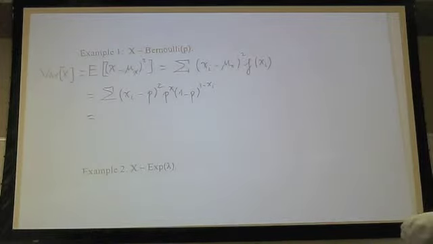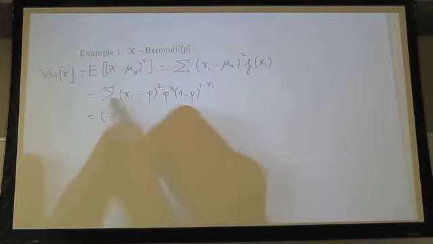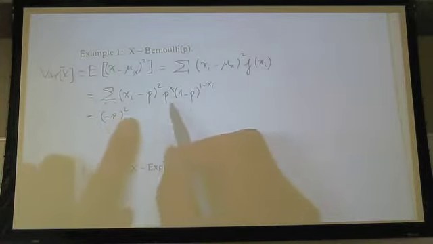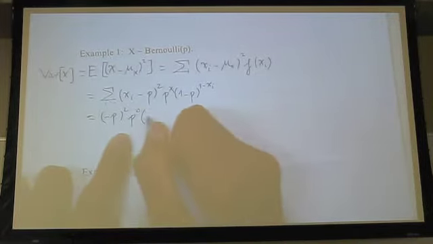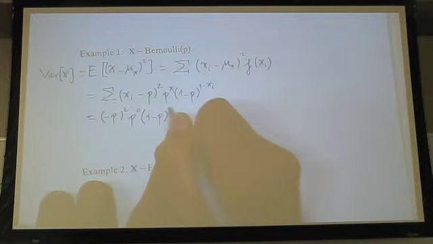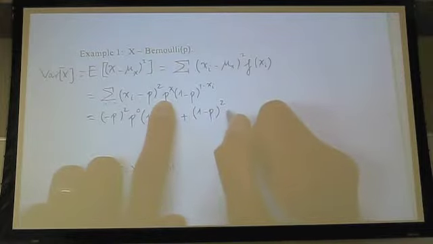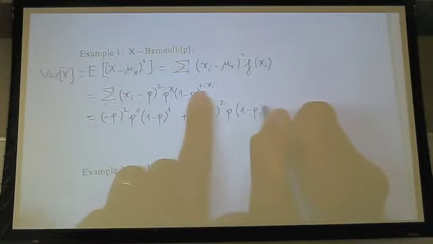When xi is 0, what do you have? Minus p squared. Remember, there are two outcomes: xi is 0 or xi is 1. So for xi is 0, this is (minus p) squared, times p to the 0 multiplied by 1 minus p to the 1, plus, when xi is 1, (1 minus p) squared times p to the 1 times 1 minus p to the 1 minus 1, which is 0.